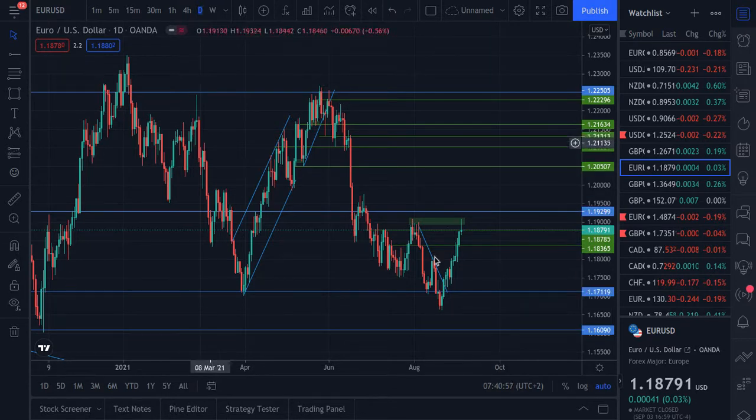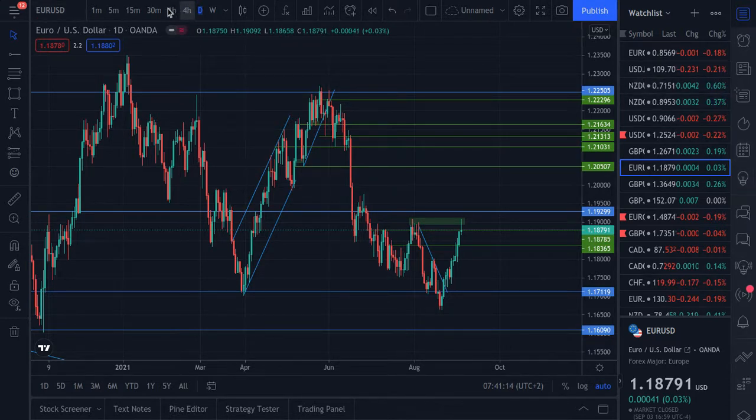But I'm just looking for it to hit this low, this range right here on the sell before it decides to pull up. So that's what I'll be expecting on Euro USD.